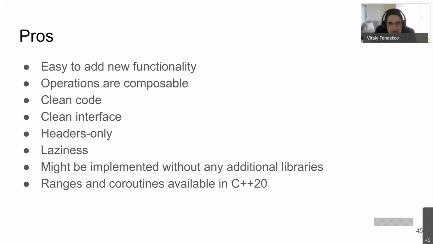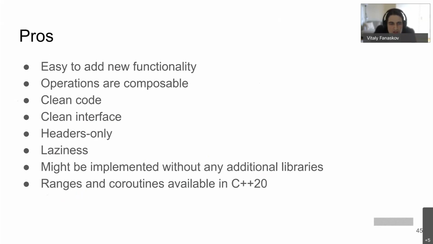We get all these advantages of the functional approach. Operations are composable now, which leads to cleaner code and a cleaner interface. All things are header only, so you can use even third-party libraries like ranges-v3 or cpp-coro.